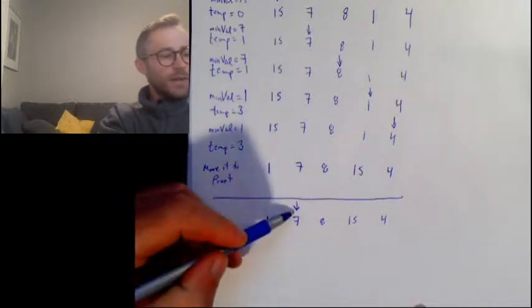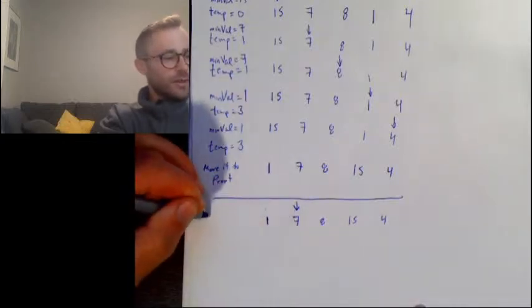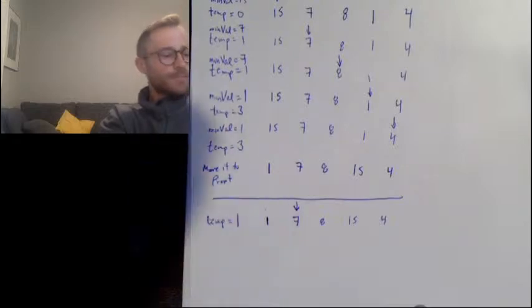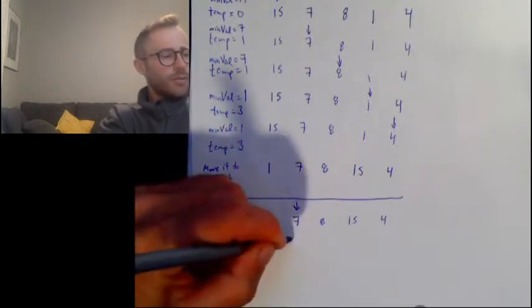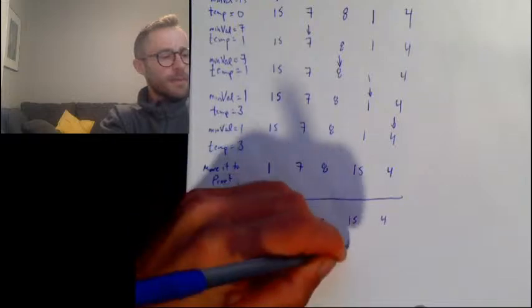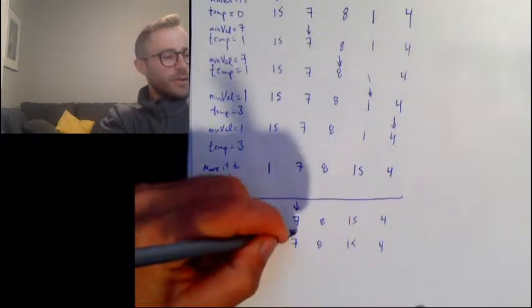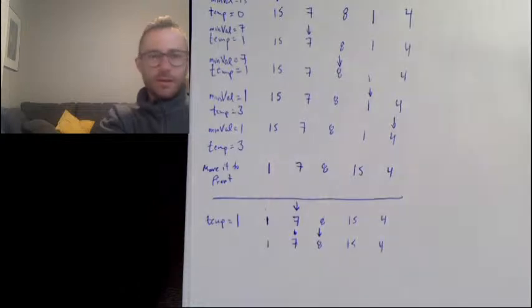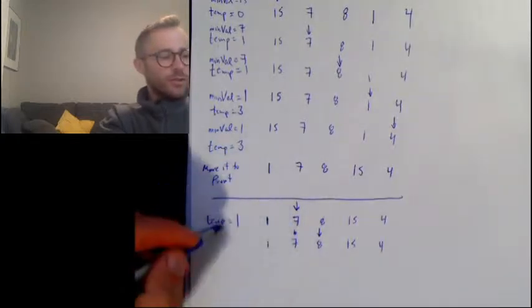So again, I'll let temp equal 1, and I'll just move my attention along the list. Like that. Well, 8 is greater than 7, so my temp is still 1.